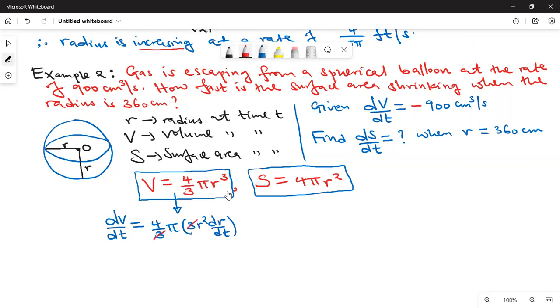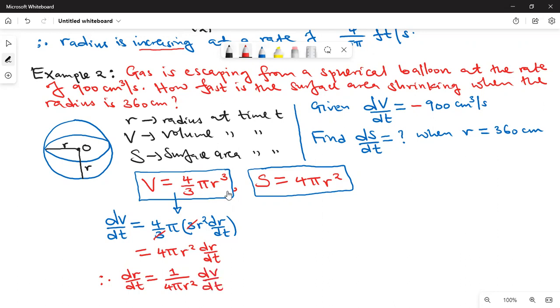If you simplify, you're going to get this is equal to 4 pi r squared times dr/dt. And so therefore, you can make dr/dt the subject. You can say therefore dr/dt from this equation is 1 over 4 pi r squared, then times dV/dt. That's what we have.